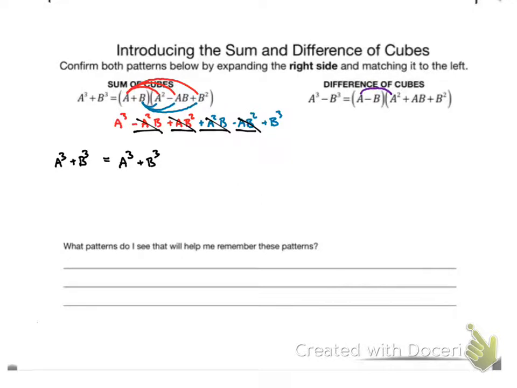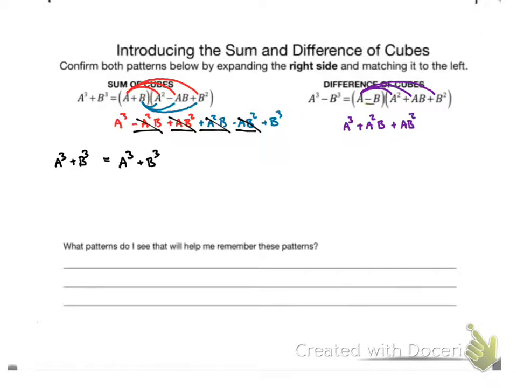A times a squared gives us a cubed. A plus ab gives us a positive a squared b. A times b squared gives us plus ab squared.